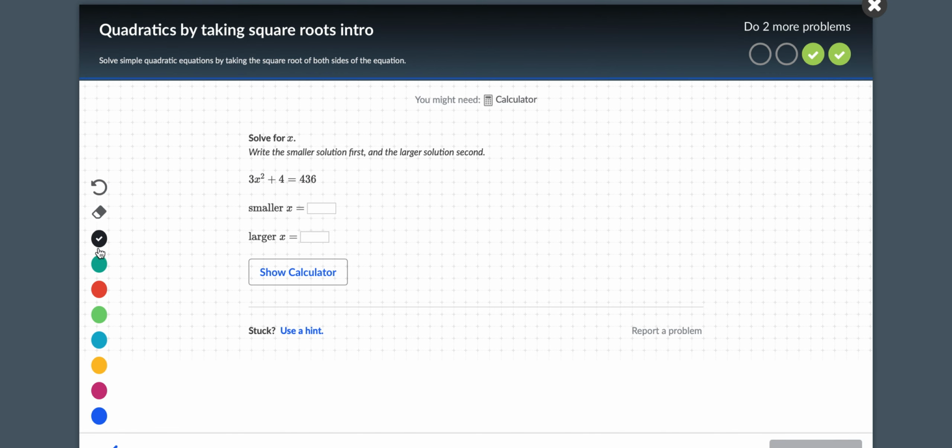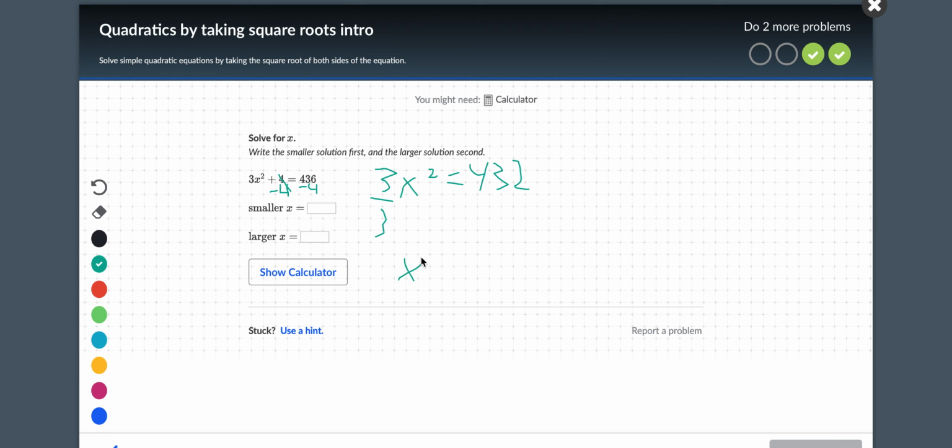Okay. So now, as we've done before, we have to subtract the constant out of the equation. So we take negative 4 from both sides. So now we have 3x squared equals 432. So divide both sides by 3, and then obviously you can plug it into a calculator. So 432 divided by 3 equals 144.